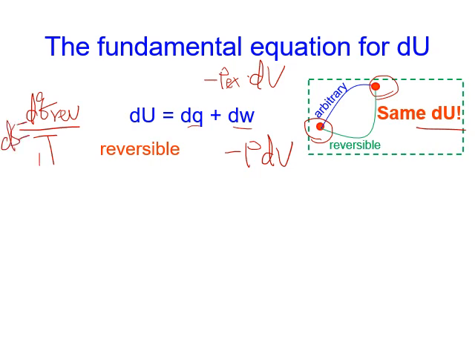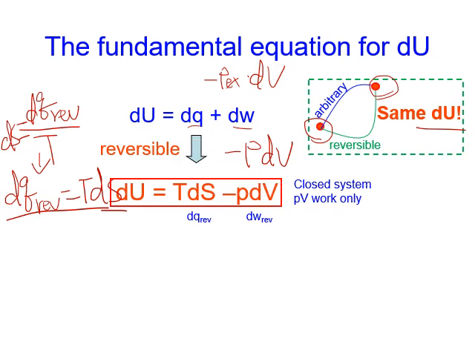So for a reversible process, the heat is equal to temperature times entropy change. This is only valid for a reversible process, and therefore the first law applied to the reversible process gives you this equation: dU equals TdS minus PdV.